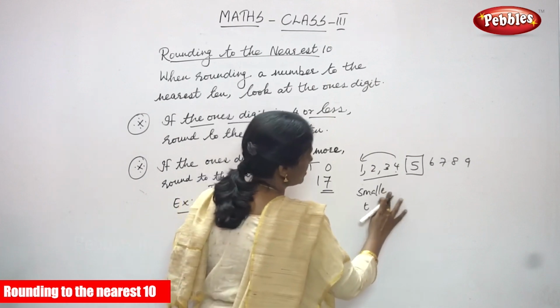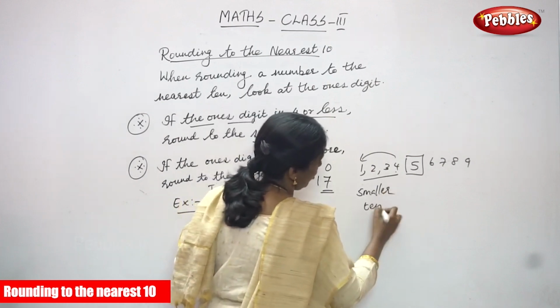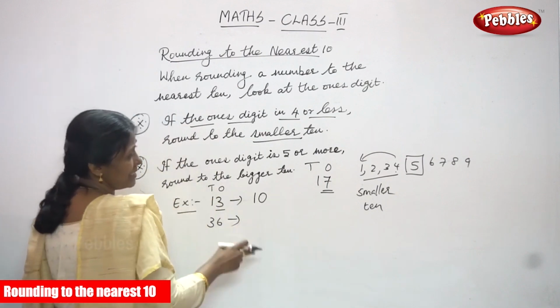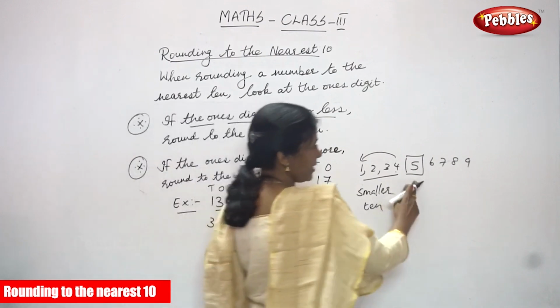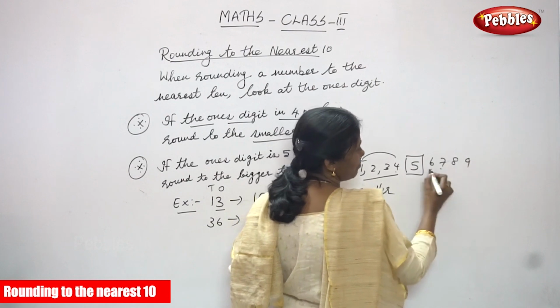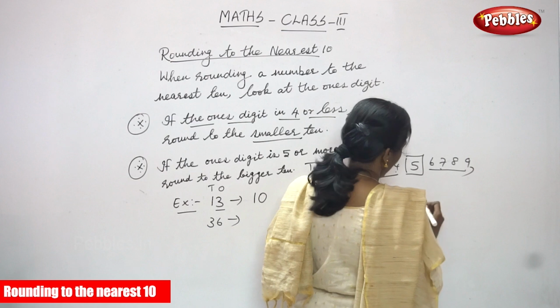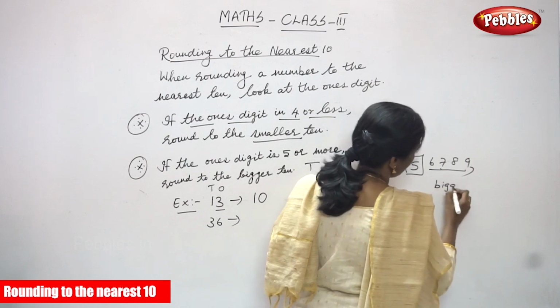Not smallest, smaller 10. So 5 or more than 5, 6, 7, 8, means you have to round the digit to the bigger 10. It is called the bigger 10.